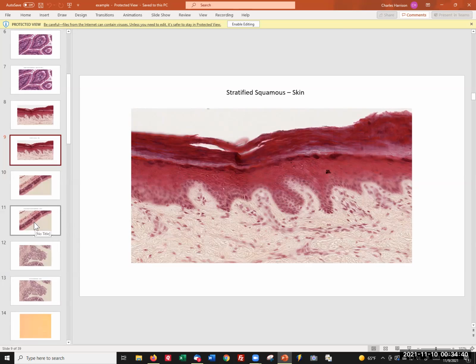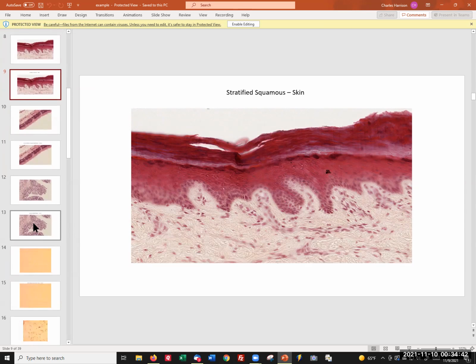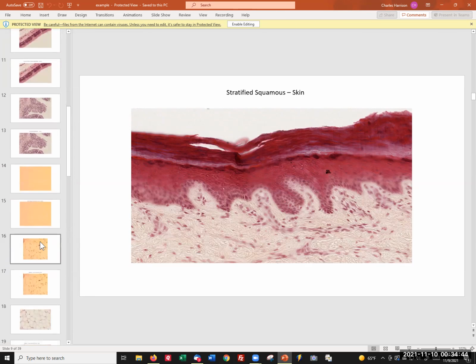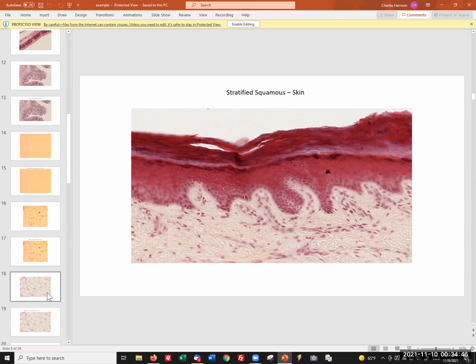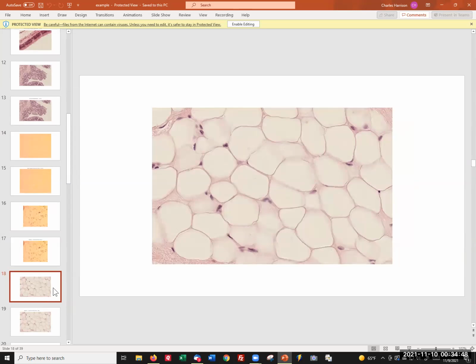This next one you haven't seen yet, so I'm not going to throw it at you today. Here's adipose. No name here. It wants to know if you know it yet. It looks like bubbles. Hit the next slide.